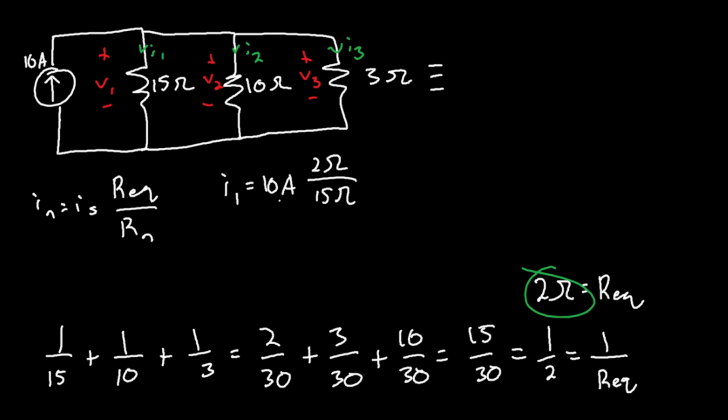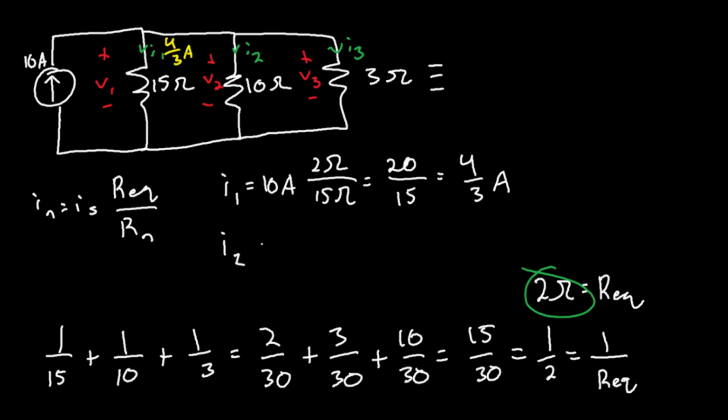So once we simplify everything here, we get 20 over 15, which is equal to 4 over 3 amps. So this right here is 4 over 3 amps.